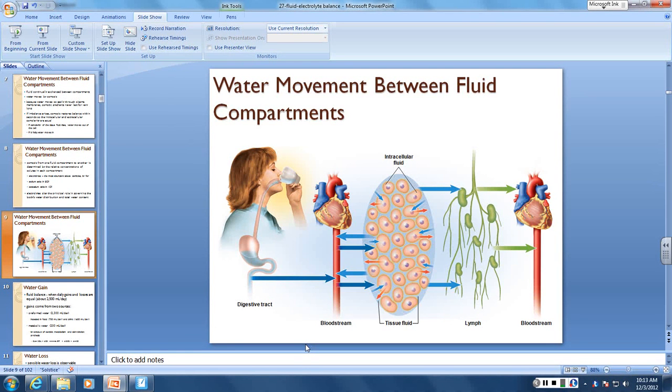There's an increase in solute concentration. So if you increase the solute concentration of blood, what is going to happen to water? Is it going to come into the blood from the tissue, or is it going to leave the blood and go to the tissues? Think about that for a moment.